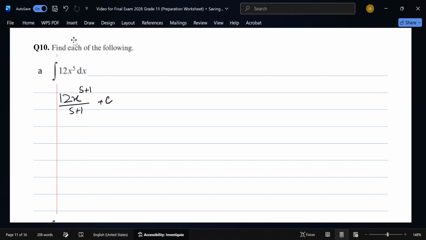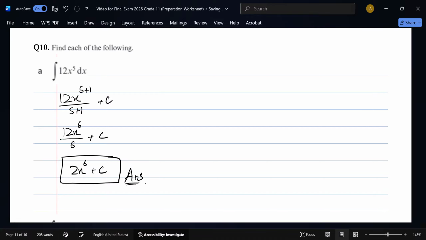These are some basic rules that you must remember. Now, let's simplify. It's going to be 12x power 6 divided by 6 plus c. It's going to be 2x power 6 plus c. This is your final answer after integrating.